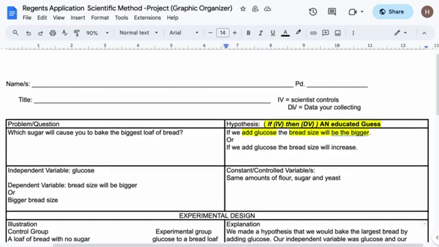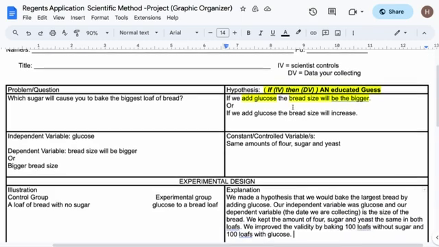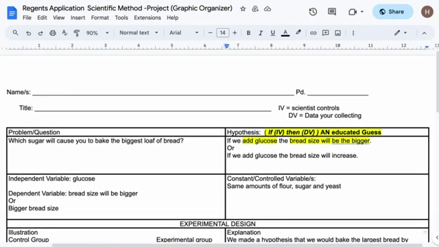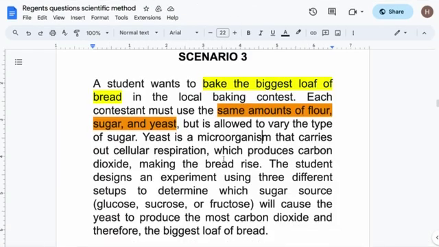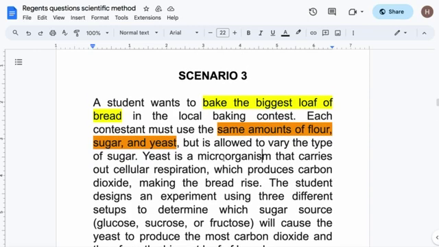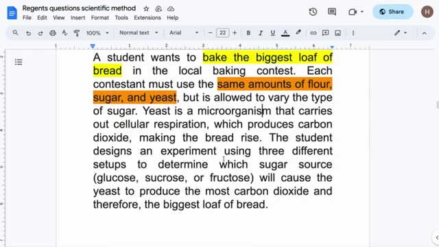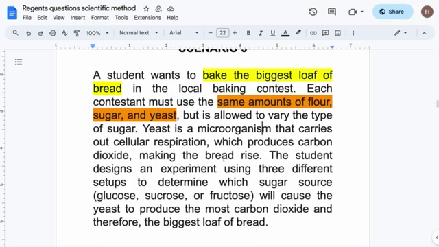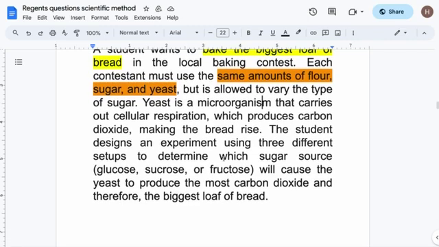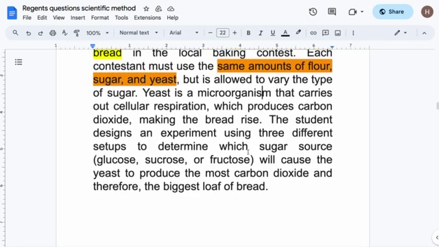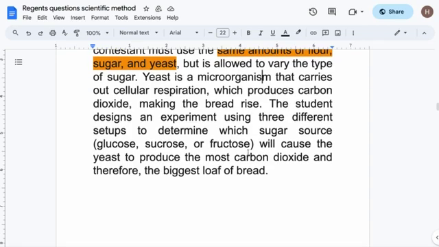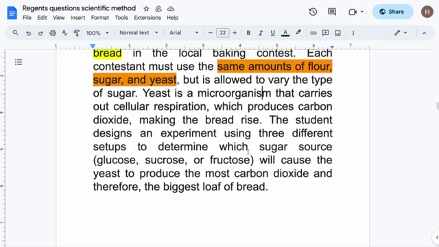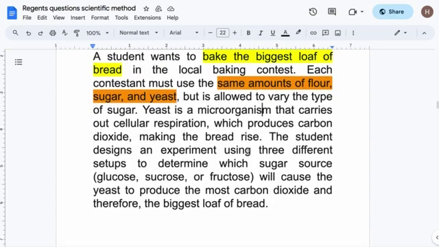Now, after we finished it, we can decide what kind of title we want to give this. Let's look at the scenario again. The scenario is we want to bake the biggest loaf and we're trying to decide which sugar source will lead to the biggest loaf of bread.